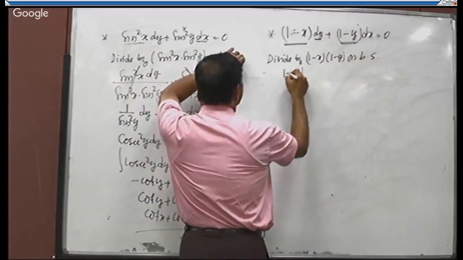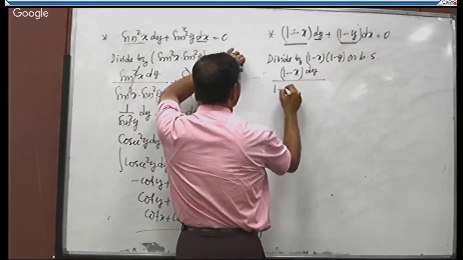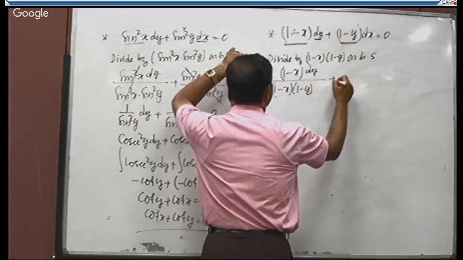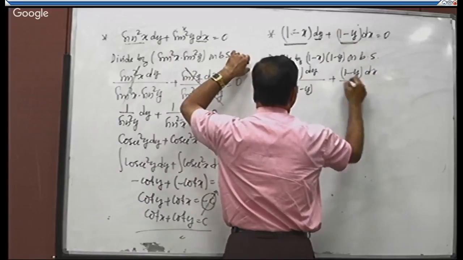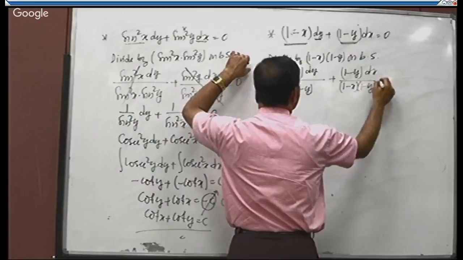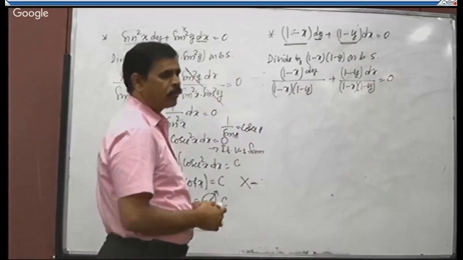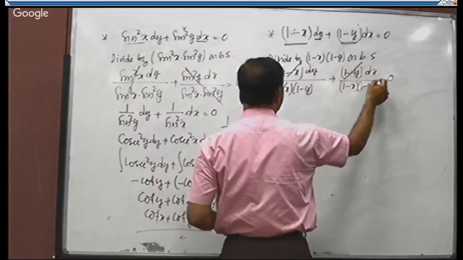Then we get what? 1 minus x into dy all divided by 1 minus x into 1 minus y, plus 1 minus y into dx divided by 1 minus x into 1 minus y is equal to 0. 0 by anything is 0, right? 1 minus x cancel. 1 minus y cancel.